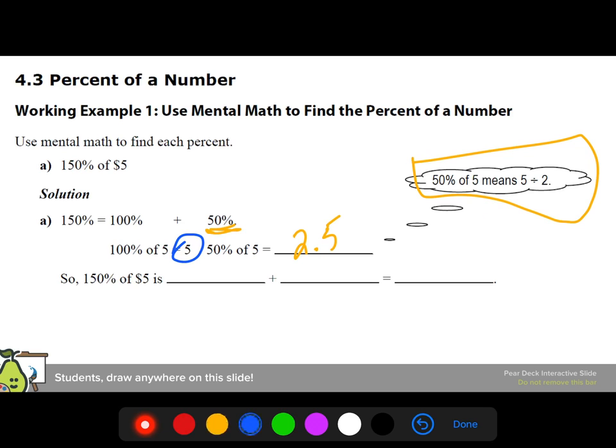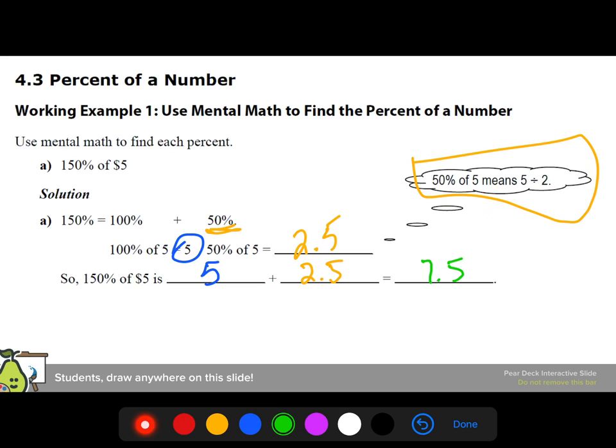So 100% of 5 is 5. 50% of 5 is 2.5. So then if we know those two numbers, and we want to combine the 100% and the 50% to get that 150%, then that means we're going to combine our answers. So we're going to combine the 5 with the 2.5 and add them together to get 7.5.